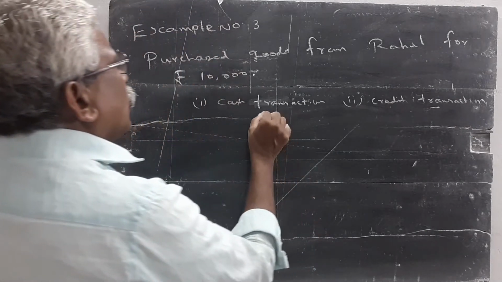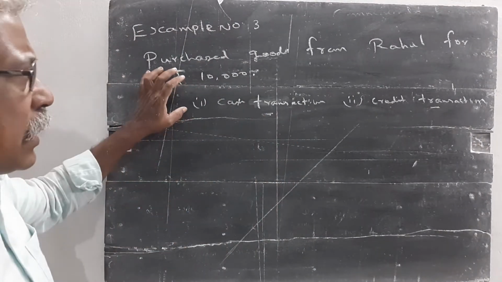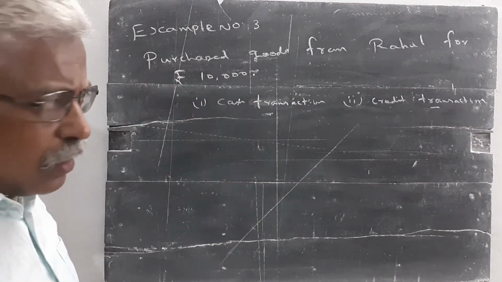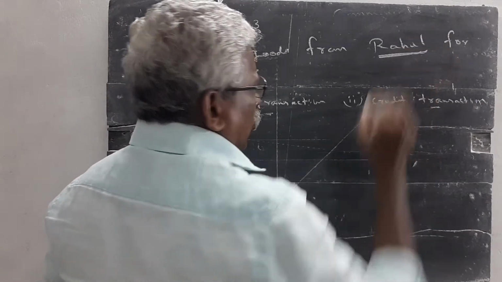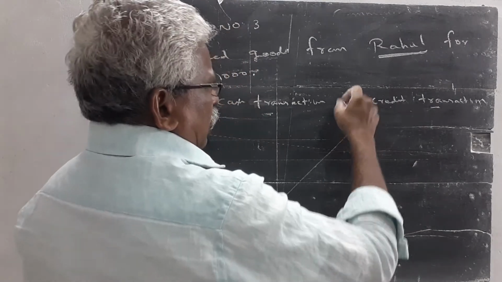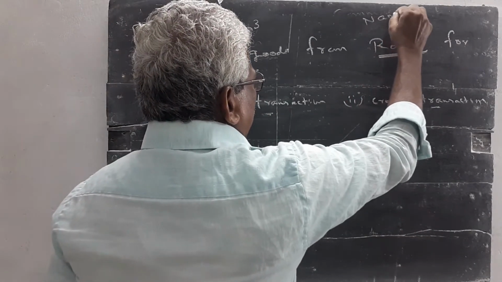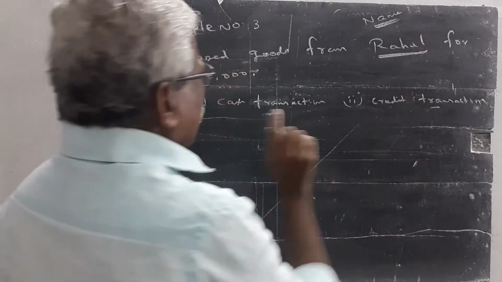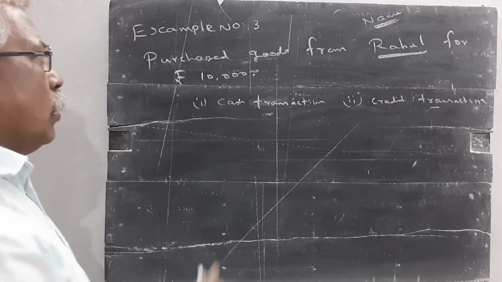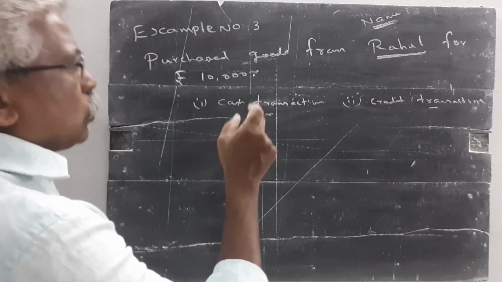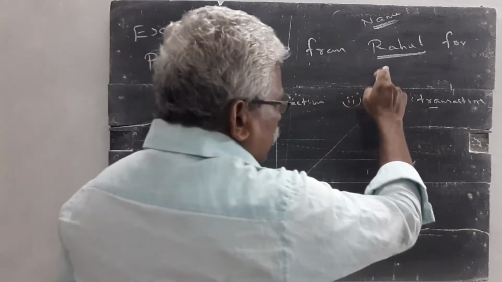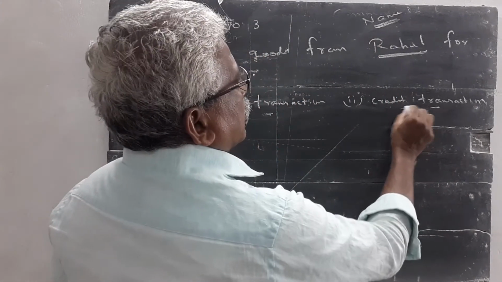How can we know whether it is a cash transaction or a credit transaction? Very important point: if the name is given, like Rahul, it is a credit transaction. Sometimes it says purchased goods for cash, which is a cash transaction. Purchased goods from Rahul, the name is given, so it is a credit transaction.